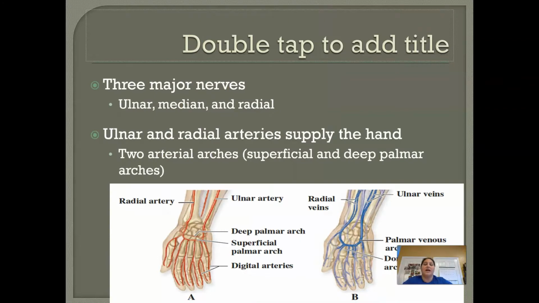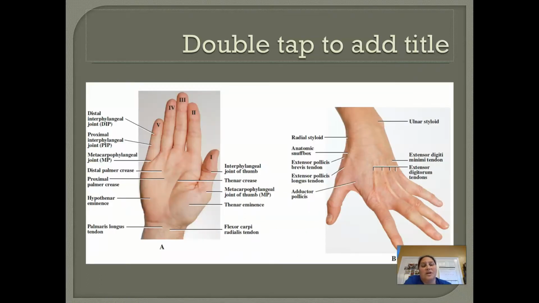Looking at the arteries and veins, hopefully you remember when we've done vitals, we check our radial artery. The 3 major nerves are ulnar, median, and radial, and the ulnar and radial arteries supply the hand. This is what it looks like in looking at the tendons on top of an actual person.